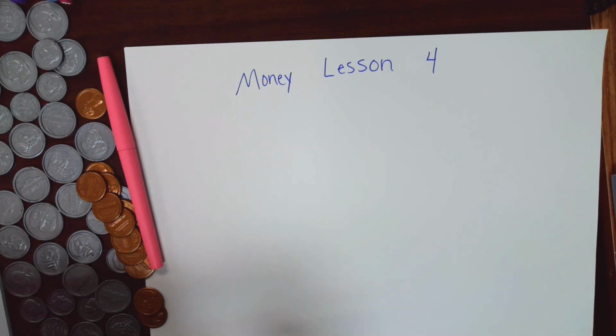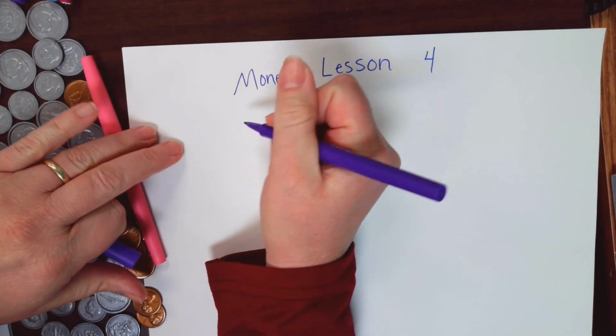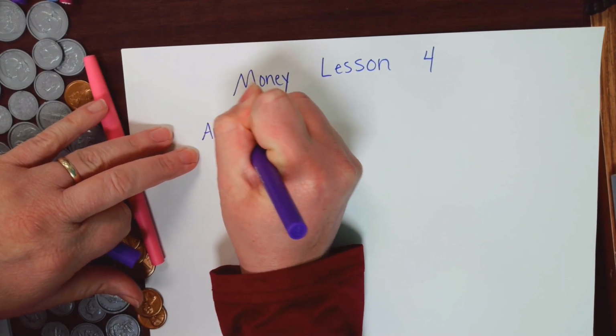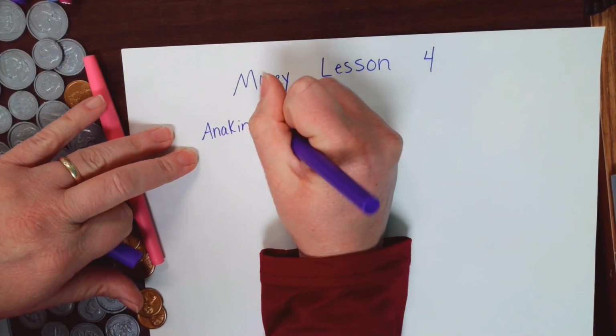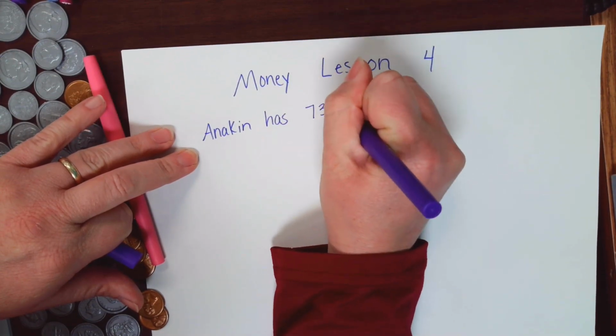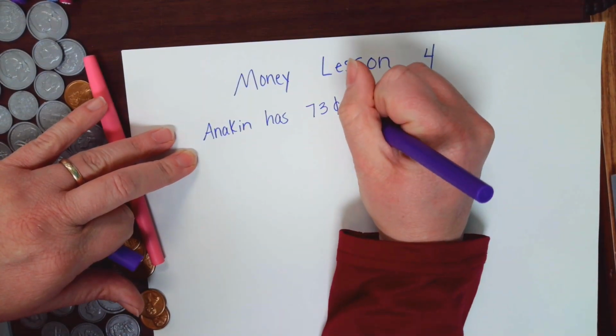Hello, my students. Well, this is Money Lesson 4, and like I said, we're going to get a little bit more difficult. Say that we've got Anakin, and he has 73 cents. Okay, Anakin has 73 cents, period.